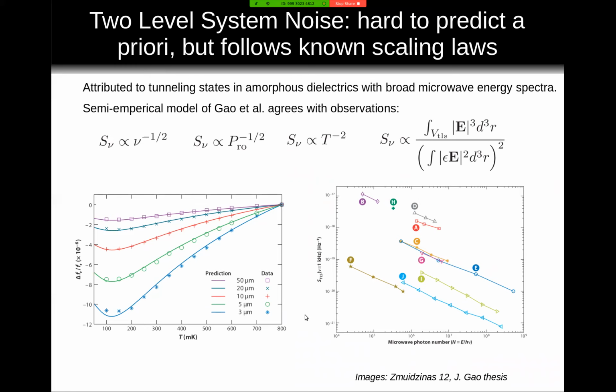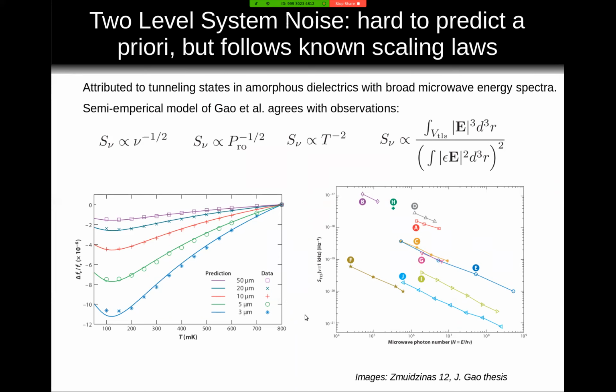once you have enough thermal excitation, you end up populating the higher state, and these systems don't fall back into their lower state. So if you go to a high enough temperature, this noise goes away. It also varies with electric field, and it's a complicated function that's E cubed over E squared.